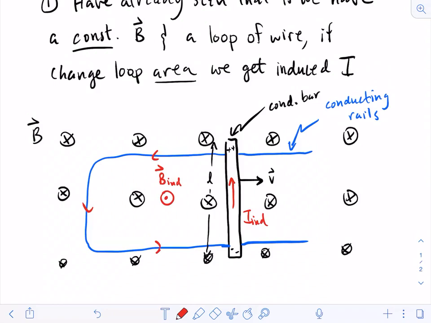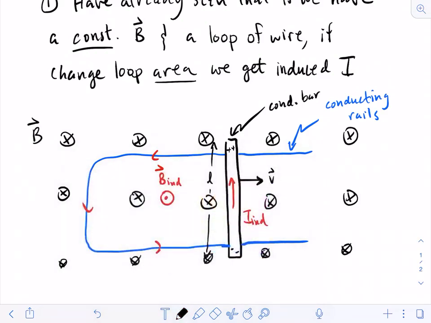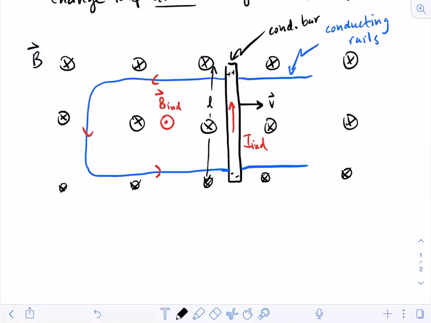And one thing we can notice is that when we increase the area of our circuit, of this loop formed by the conducting rails and the conducting bar, the induced magnetic field that we get opposes the external applied magnetic field, B, which was into the page.